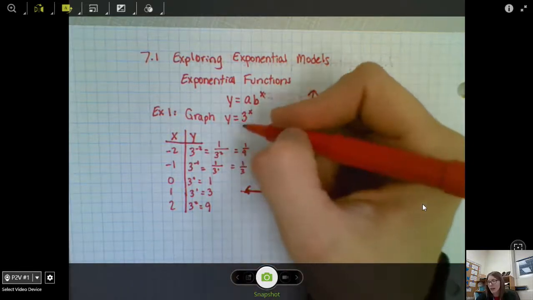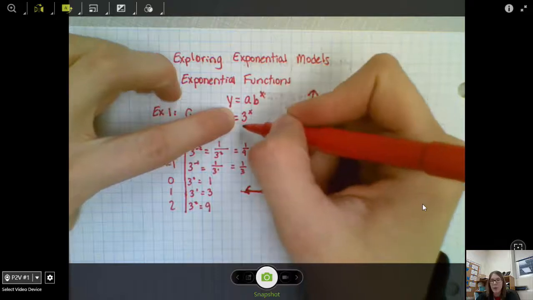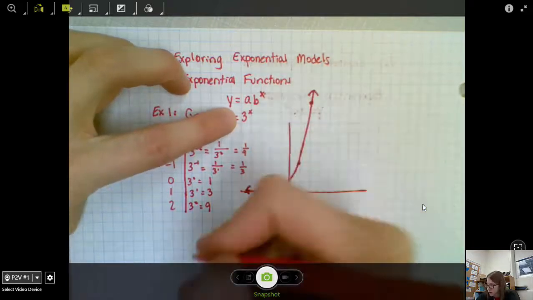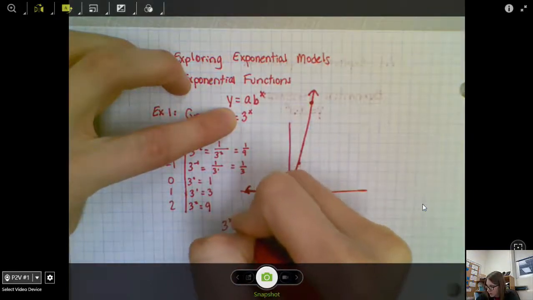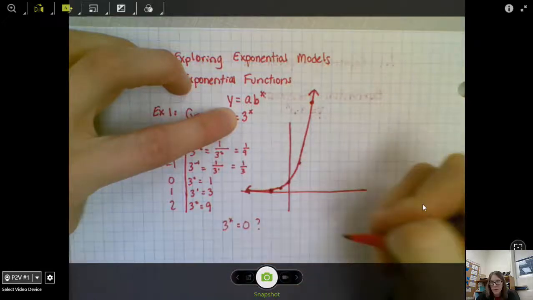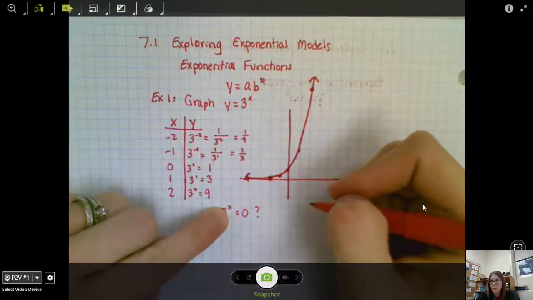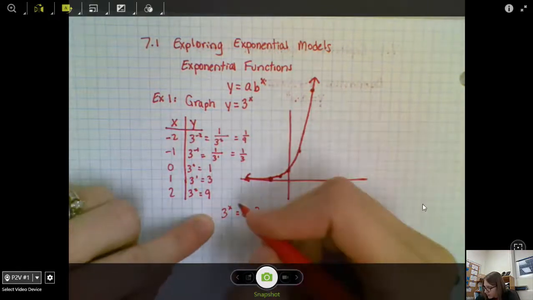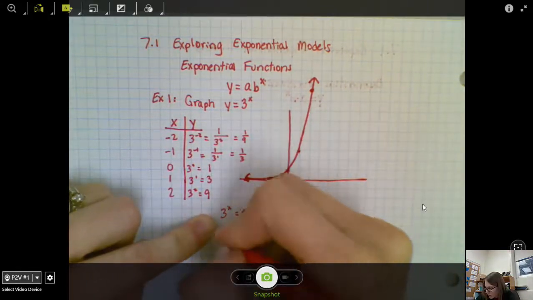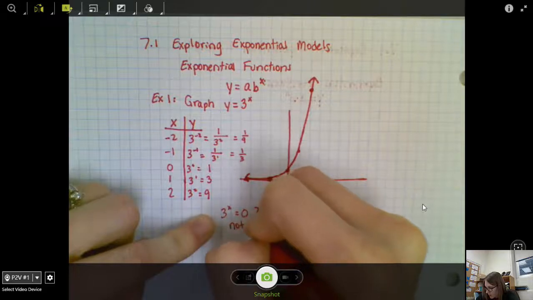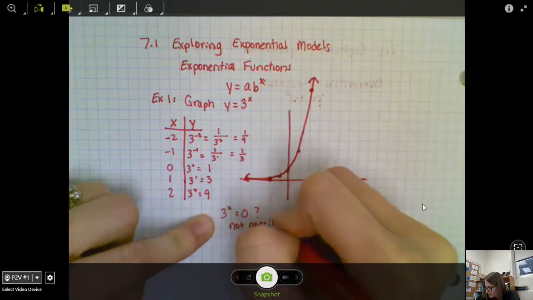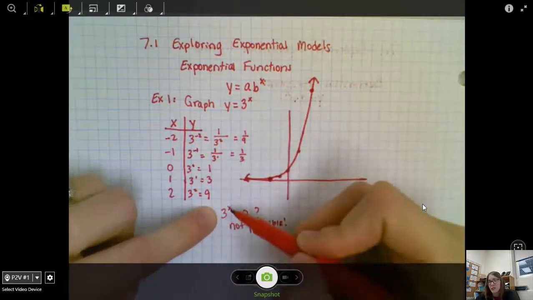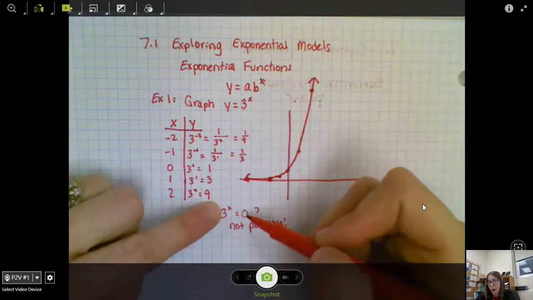Another way to think about it is if you have 3 to any power, are we ever going to equal 0? No, it's not possible. Because if x was 0, 3 to the 0 power is still 1.